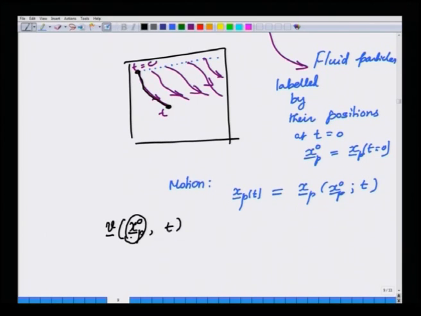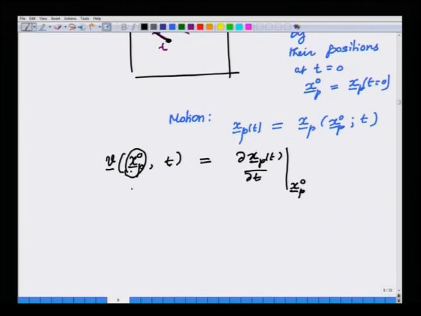The velocity of such a particle at time t is given by the rate of change of its position, keeping the identity, the label, constant. So, in the Lagrangian description of motion, the independent variables are the initial positions and time.